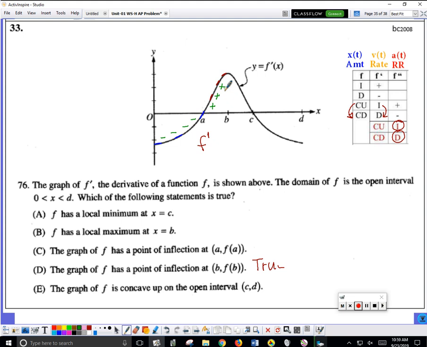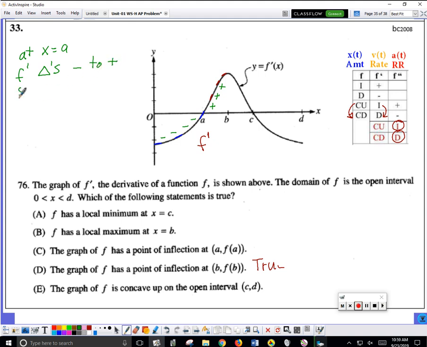It is definitely true that at x equal a, right here, f prime changes from negative to positive.